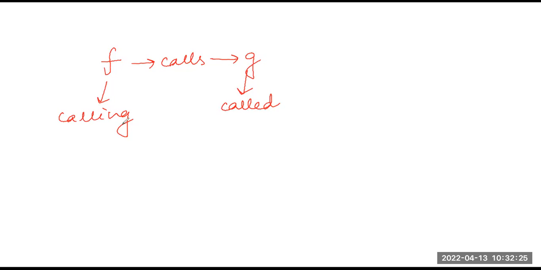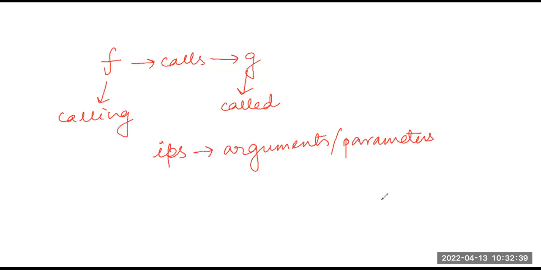So whatever input a function takes, it is known as arguments or parameters. Okay. So when a called function returns some result back to the calling function, it is said that the called function has returned the result.